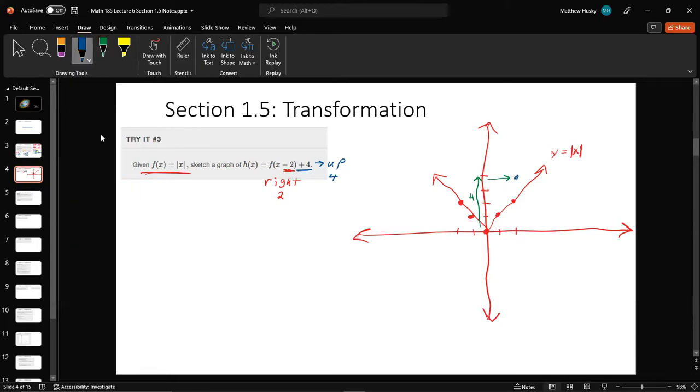It's going to start right there. And then if we go over 1, it'll go up 1. If we go over 2, it'll go up 2. And we would end up with a graph that will look something like this.